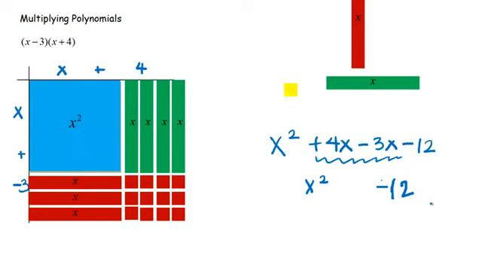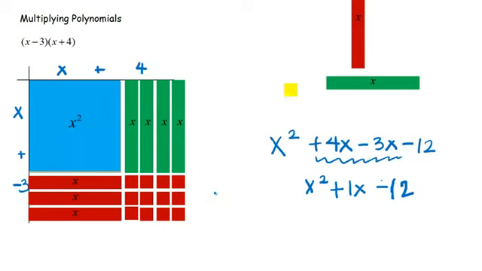So my answer over here is going to be plus x. And if you want, you can write plus 1x, just so we're all on the same page. So x minus 3 quantity times the quantity of x plus 4 is equal to x squared plus 1x minus 12. Okay, so there is my example of how I do it with tiles.